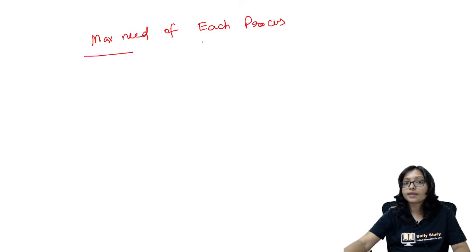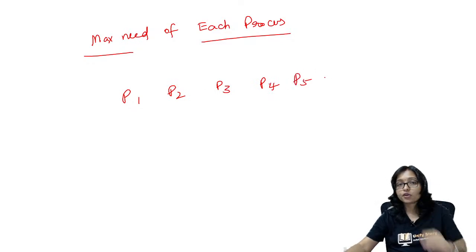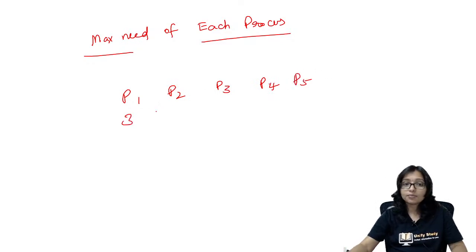of each process. That should be our target. And if you are able to identify the maximum need of each process, so in this situation there was P1, P2, P3, P4 and P5, 5 processes are there. Maximum need was 3, 3, 3, 3, 3. This was the maximum need.